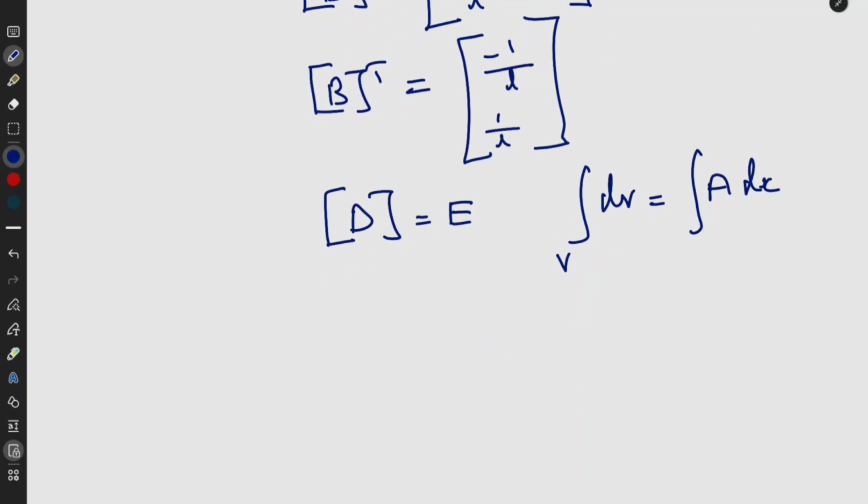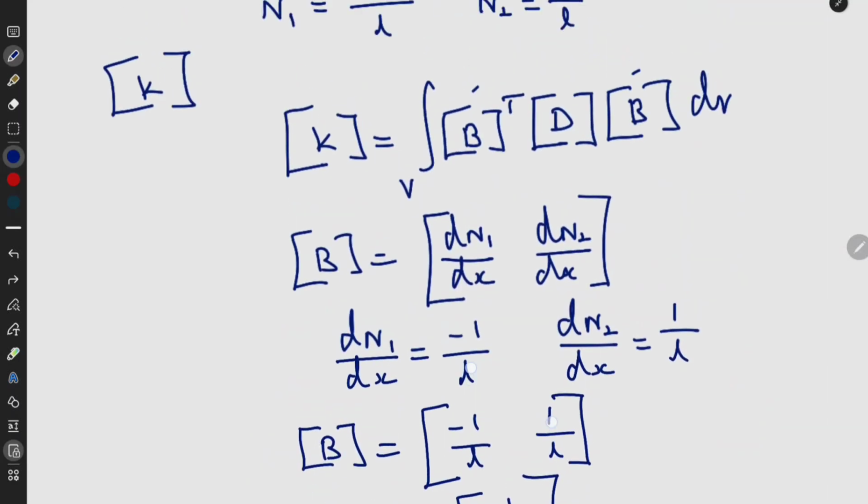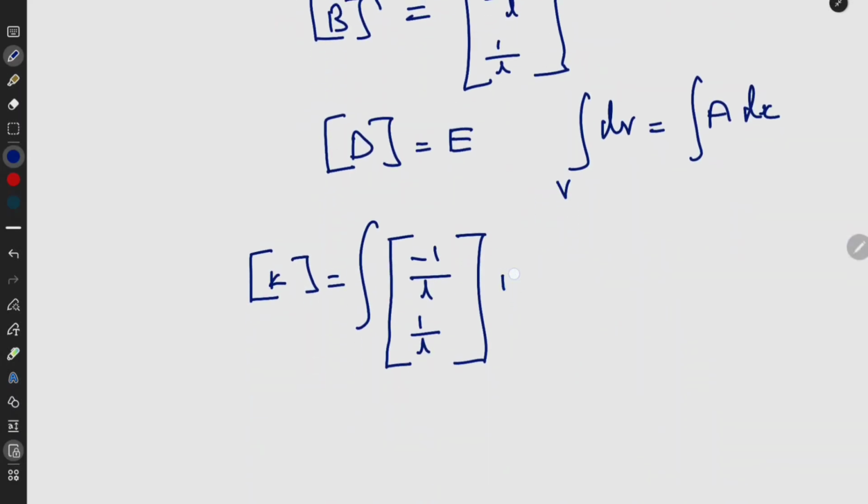As it is 1D, we have considered the area here because it is of uniform area. So I am going to substitute everything in the first general equation. So my K is equal to the integral of B transpose, which is minus 1 by L and 1 by L, then the matrix D, which is Young's modulus E, then the B matrix, minus 1 by L and 1 by L, into A into dx.